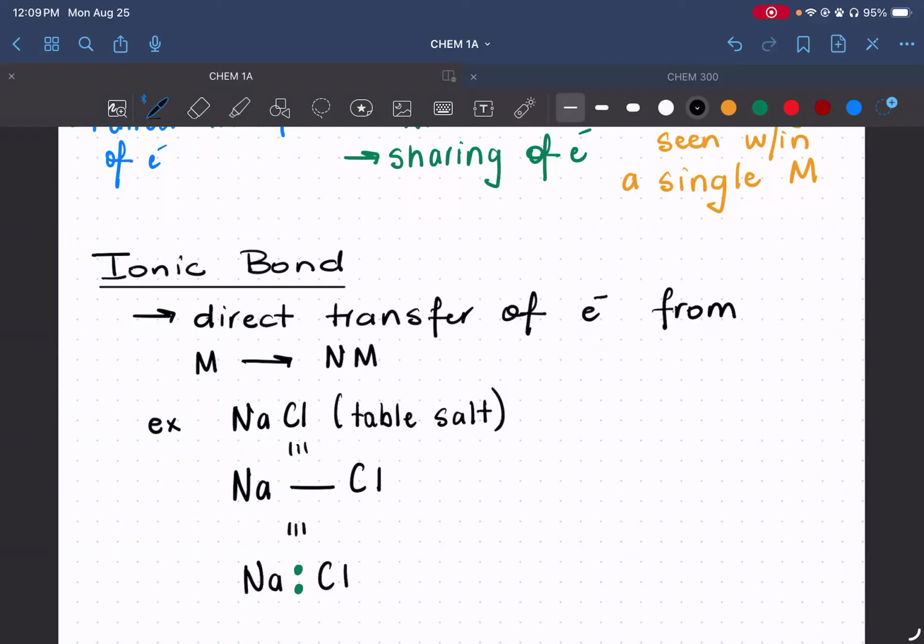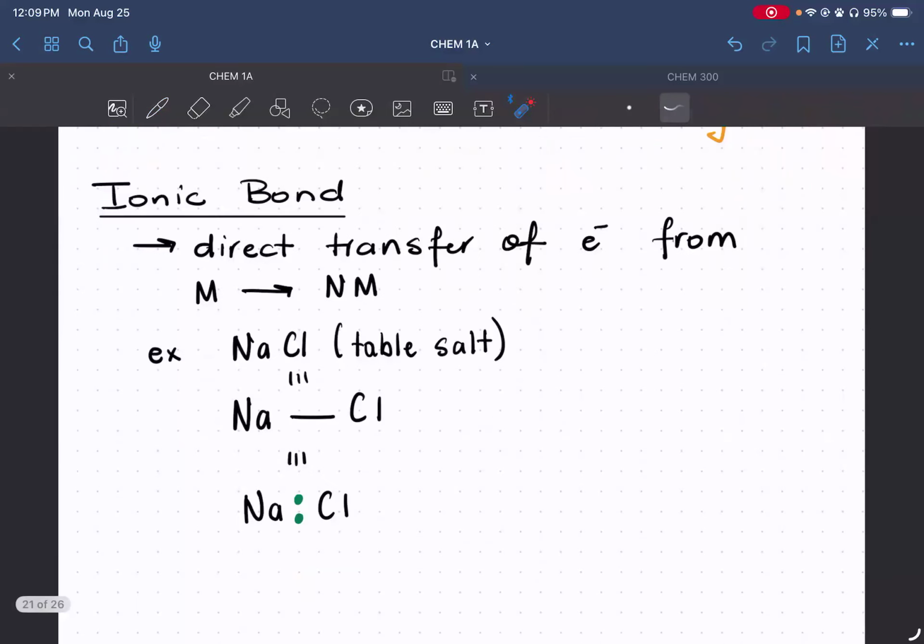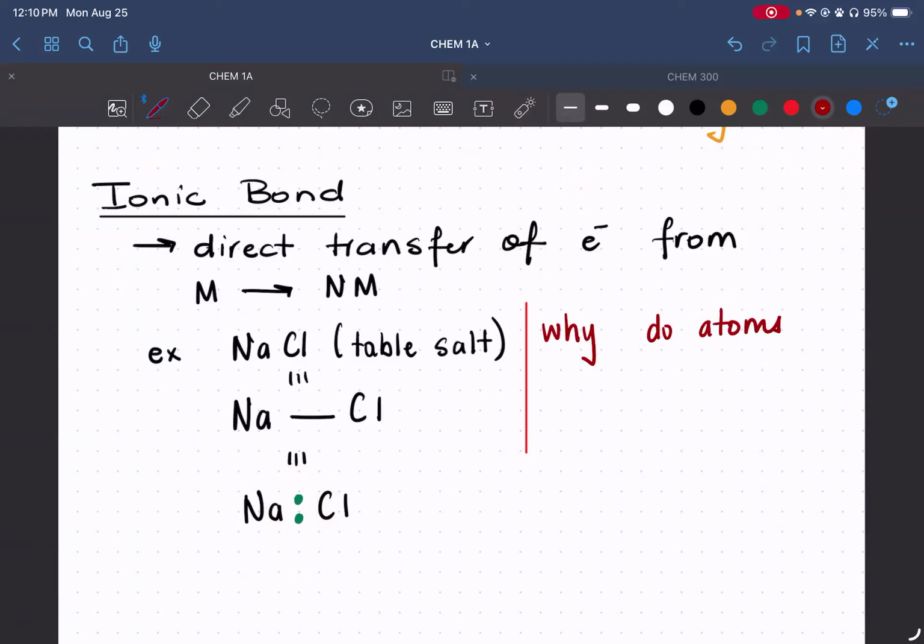Now, I did say that an ionic bond involves the direct transfer of electrons from the metal to the non-metal. So what this means is that electrons are coming from both ends. So the question comes up, why do these atoms gain or lose electrons?